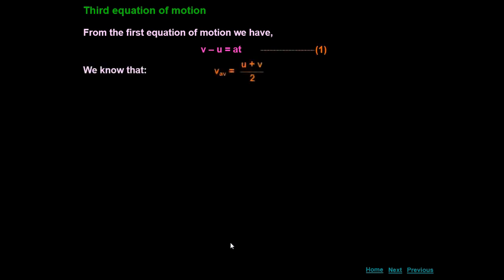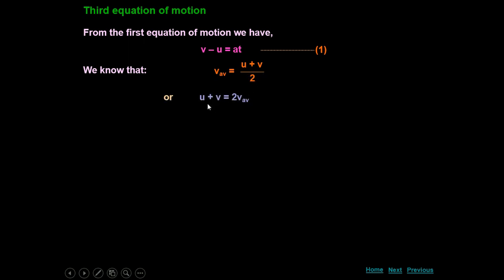Now let us try to understand the third equation of motion. For that again we are considering the first kinematical equation, that is v minus u is equal to at. We have to know the formula of average velocity that we have seen. V average is equal to u plus v divided by 2.